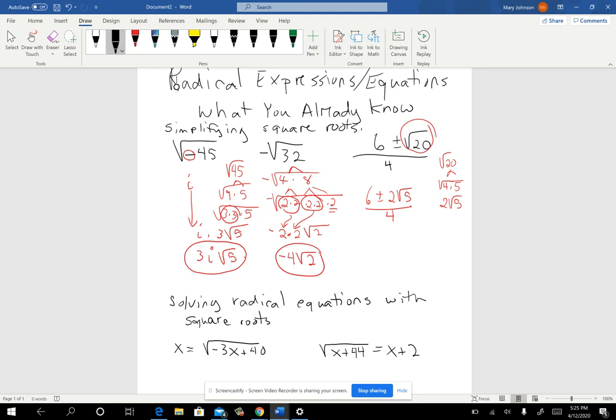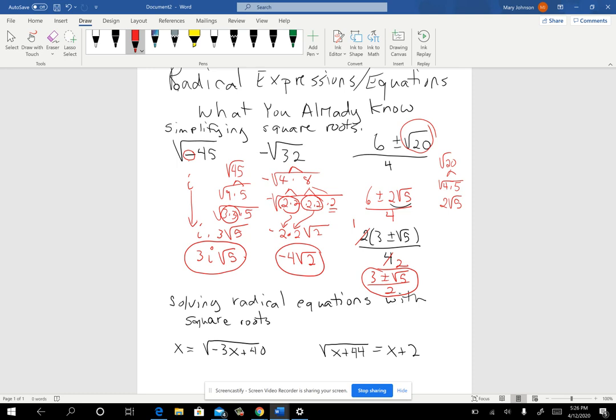So you're going to come in and divide here by 2 because 2 is a factor of the numerator. You can factor out a 2 from 6 and from this term. And because you can factor out a 2, 2 is a factor of all 3 spots, you're then able to simplify this. It would be 3 plus or minus the square root of 5, all divided by 2. And that would be the simplest radical form for that one.